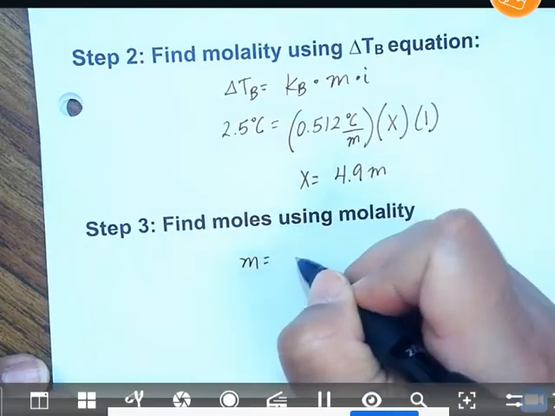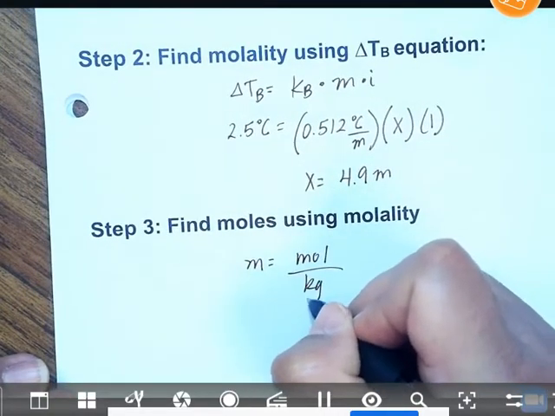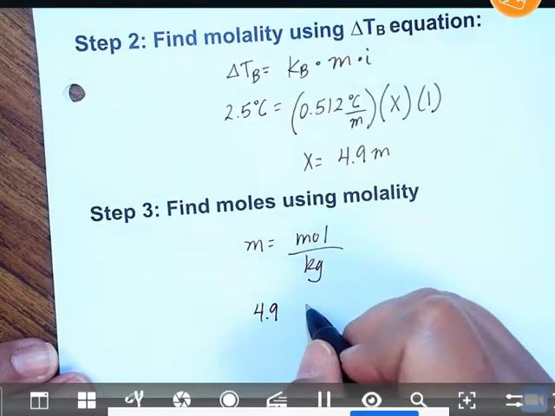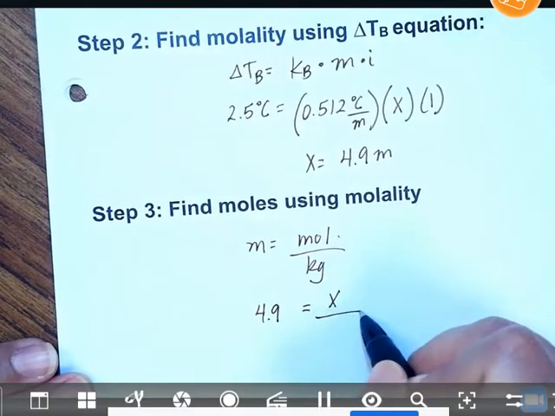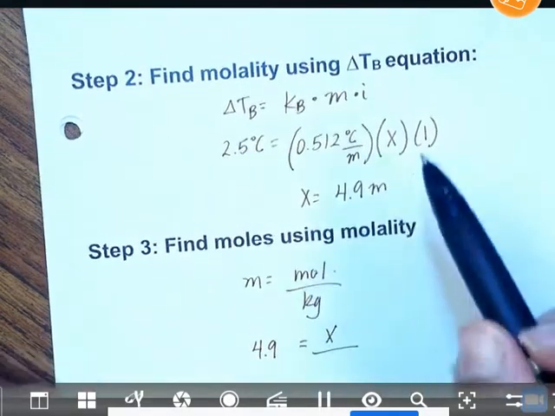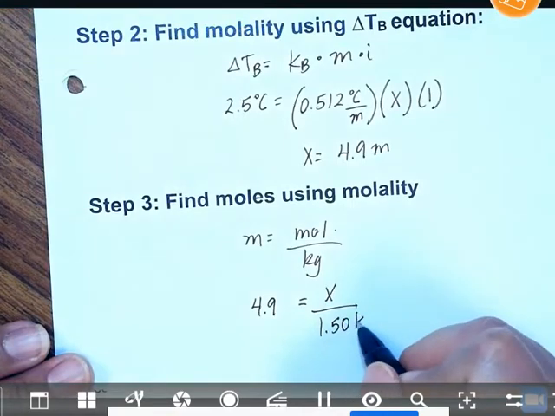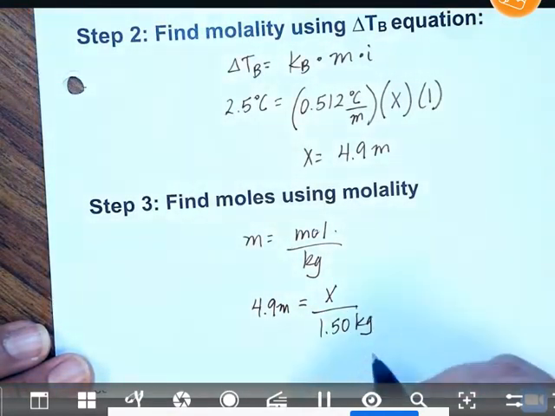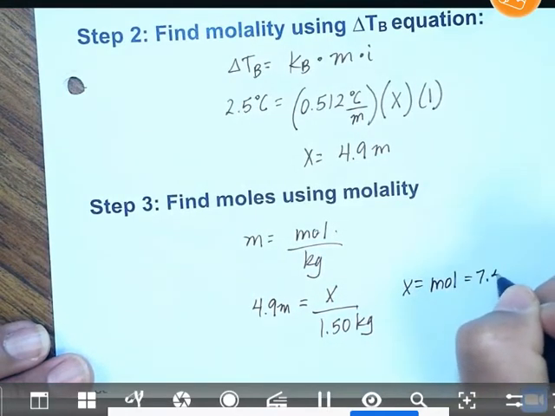Well, molality equals moles of solute over kilograms of solvent. My molality is 4.9 equals moles, which is what I'm solving for now, over my kilograms of water, 1.50. So when I solve for x, remember x equals moles, that's 7.4 moles.